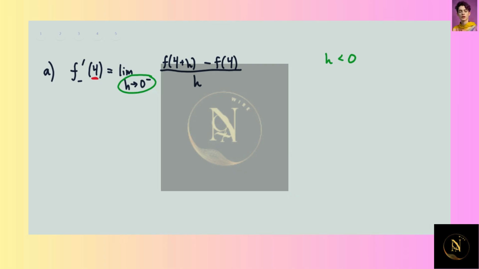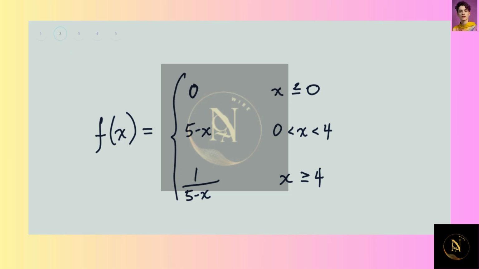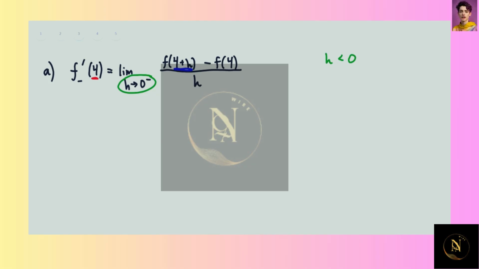This is important because looking at our input here, 4 plus h, in order to write out what f will be, we need to figure out which part of the domain 4 plus h is in, which of these 3 pieces. So let's look. If h is less than 0, this means 4 plus h is less than 4. Make sure you're convinced of that before we move on.